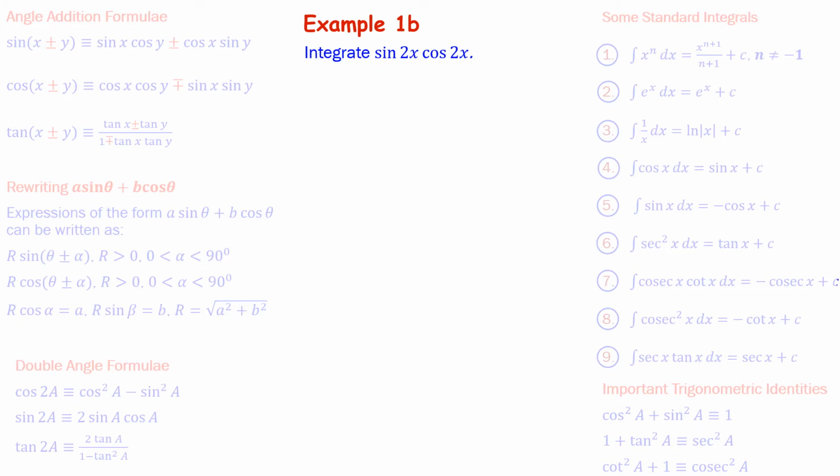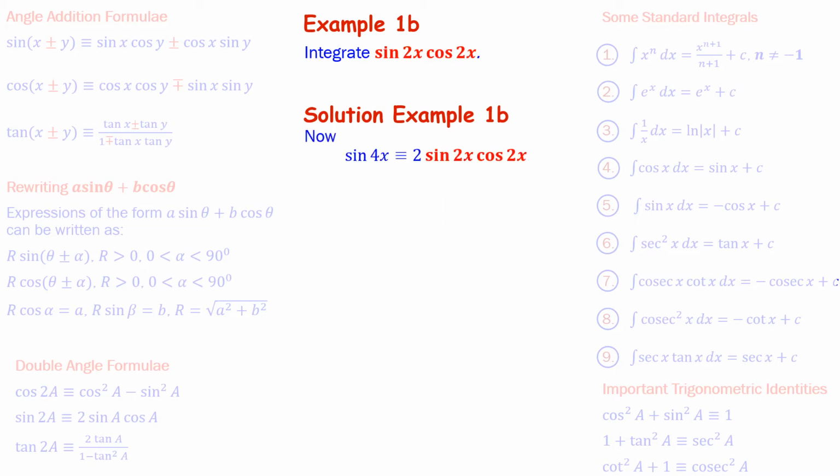And now for part B. We are required to integrate sin 2x cos 2x. Let's solve this. Now, sin 2x cos 2x can be converted. Every time you see sin of an angle times cos of the same angle, you may need to think about one of the double angle formulae.